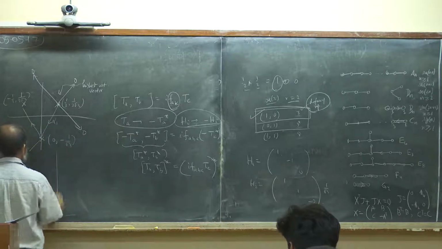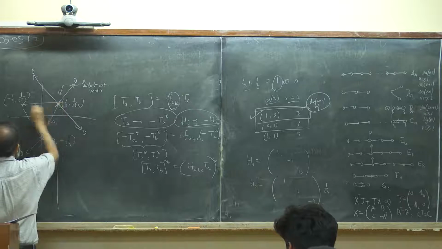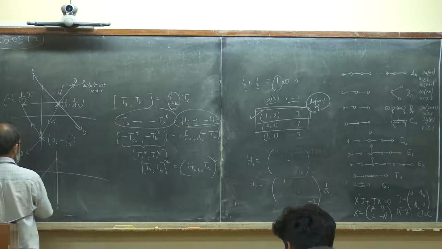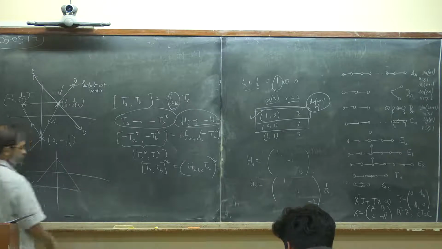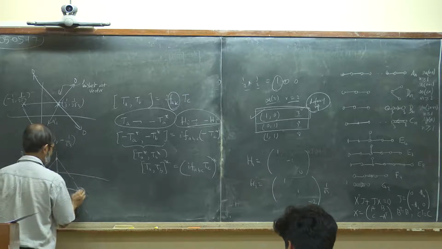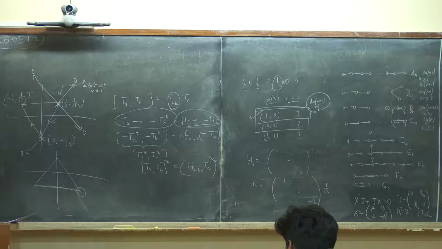This was like this, and the other thing would be like this. Now, which one is the highest weight state? The rightmost. This guy is the highest weight state now of this representation.